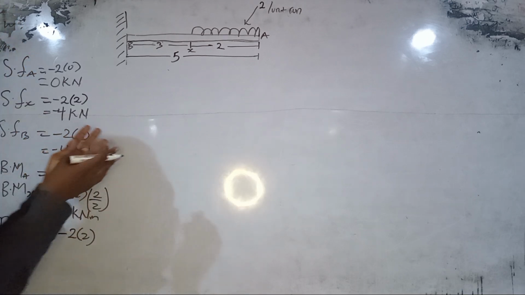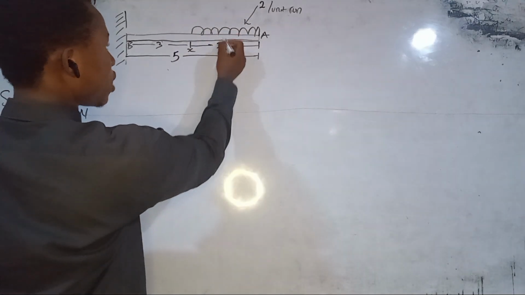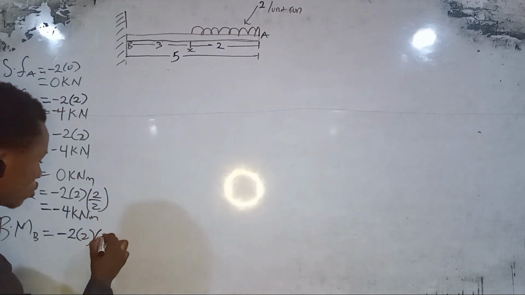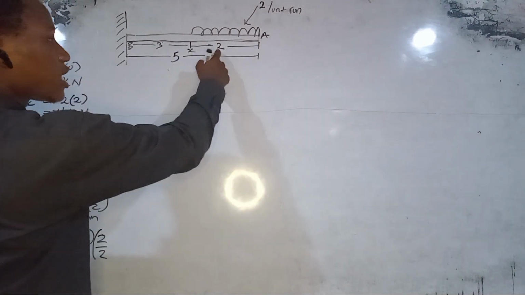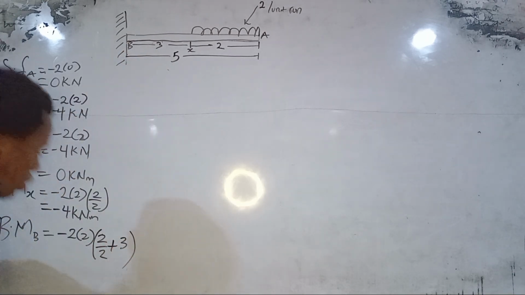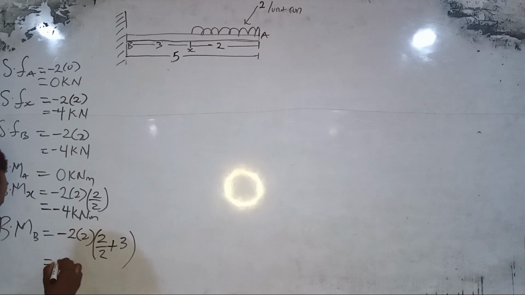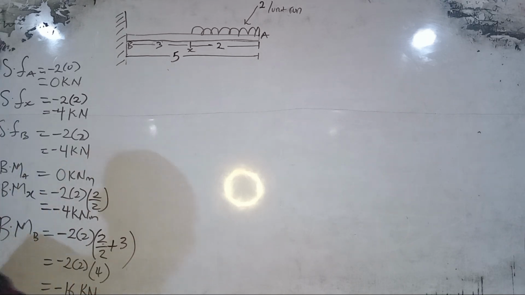So I say that if we imagine that this becomes a point load at the center of this, we are going to be having this distance here, 2 divided by 2, that is the distance divided by 2, plus the extra distance remaining, which is plus 3. So if we add it together, we have minus 2 times 2, open bracket, 2 divided by 2, 1, plus 3, we have 4. We have 2 times 4, 8, 8 times 2, 16. It's equals to minus 16 kilonewton meter. So that is how it looks like.